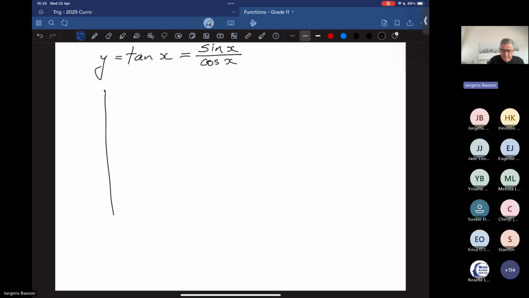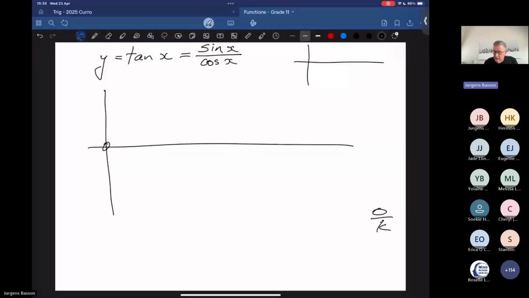So if I want to draw this graph, I've got no idea how it's going to look. Then I do know if my numerator is 0, so that means if sine x is 0, then I will get x-intercepts, because then the whole fraction will become 0. You remember the fraction that I said 0 over k is 0?